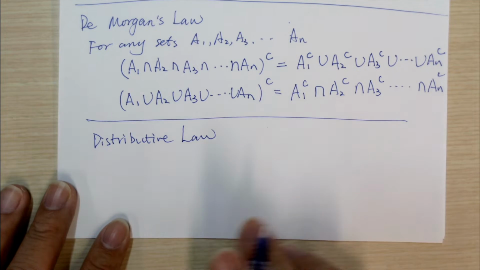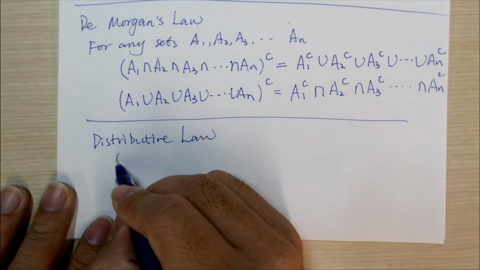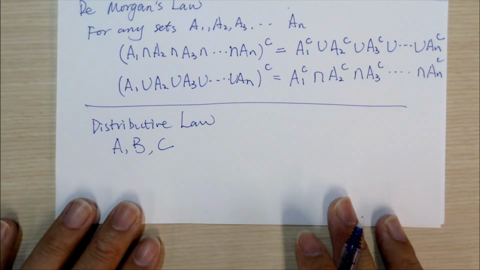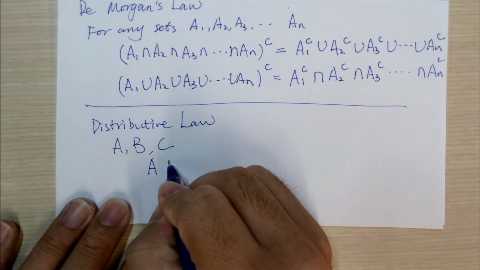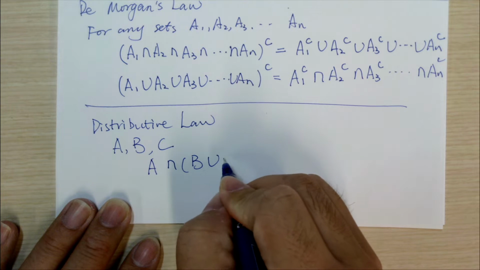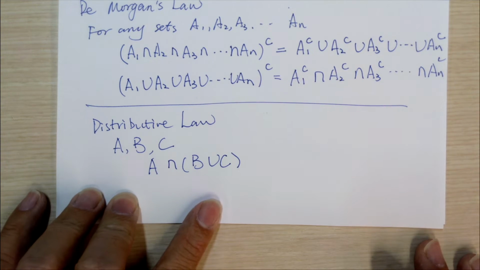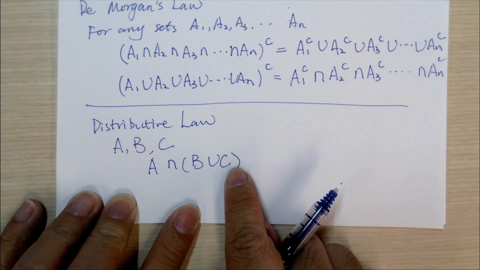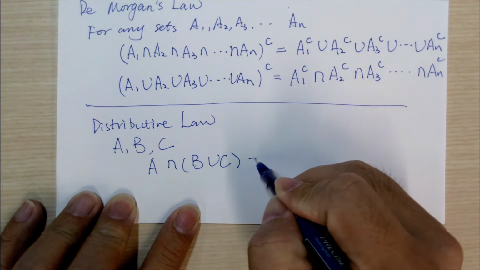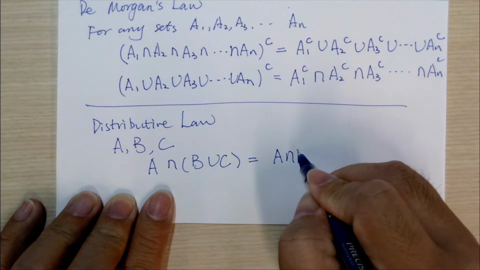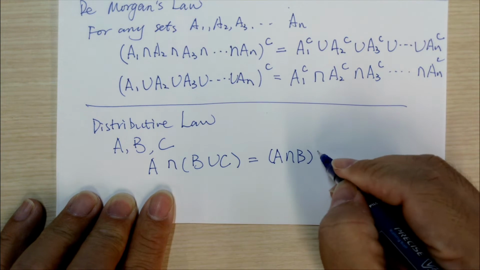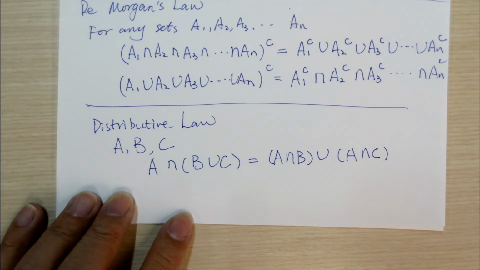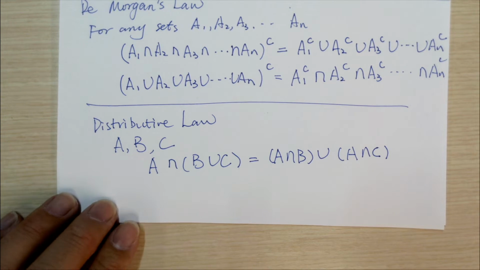This says that if you have three sets A, B, and C, and you have A intersect B union C, you can actually distribute this A inside the parentheses. That is A intersect B, and then union A intersect C. So that's a distribution.